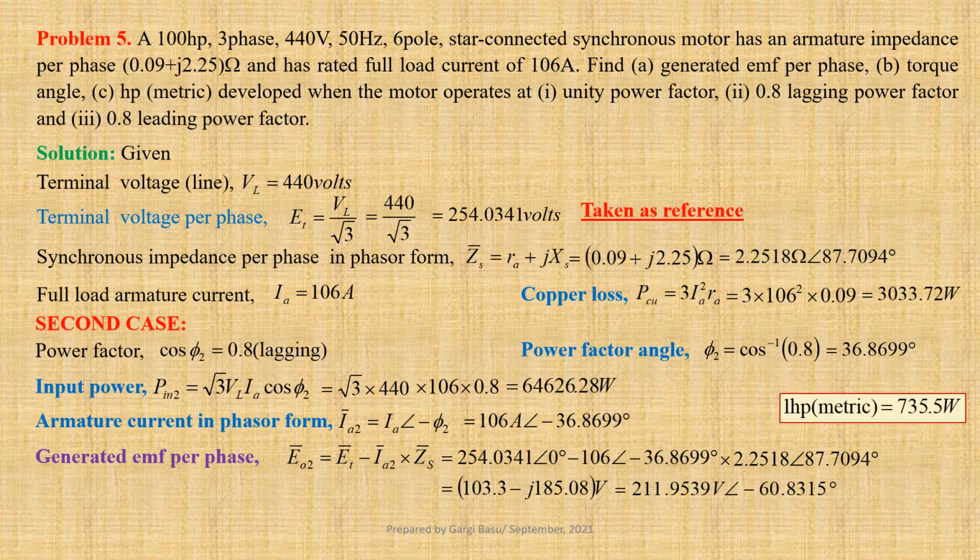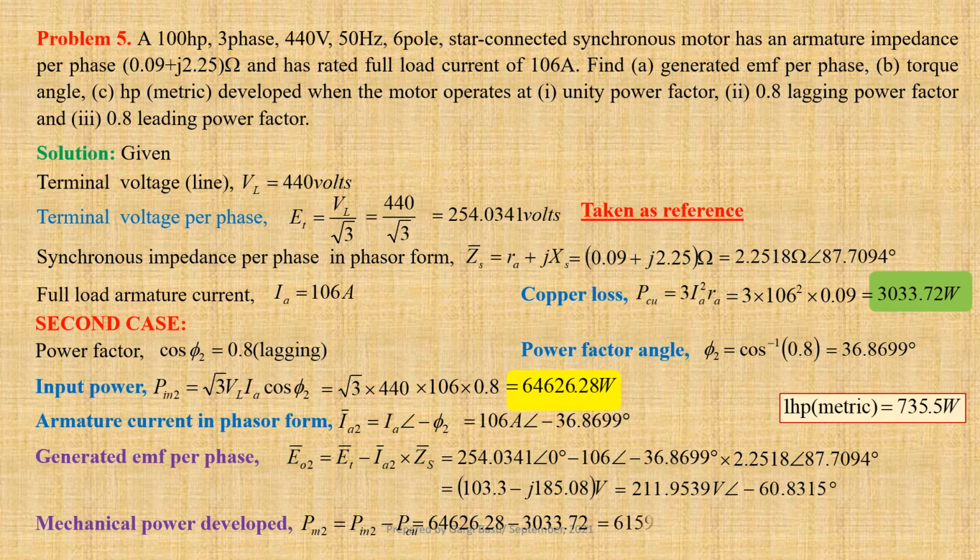Now we shall calculate mechanical power developed. PM2 equals P in 2 minus P copper. Using values we get 64,626.28 minus 3,033.72. That gives us 61,592.56 watts.